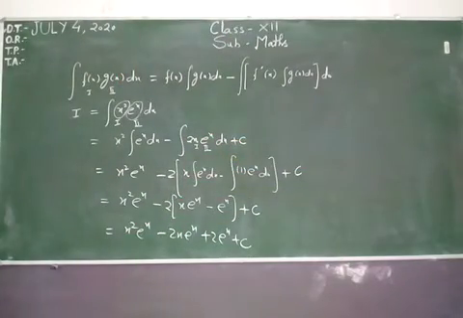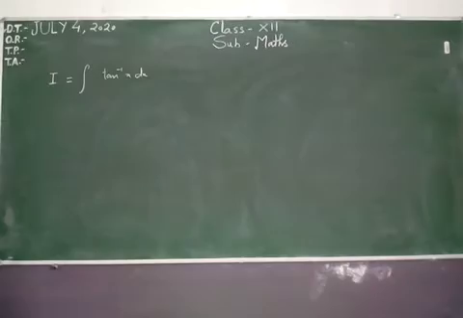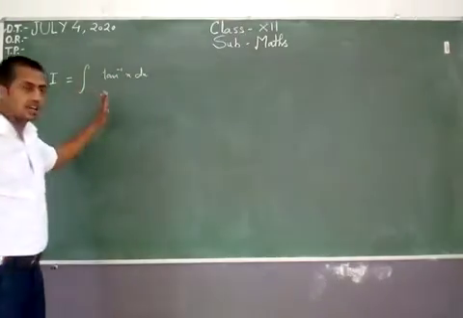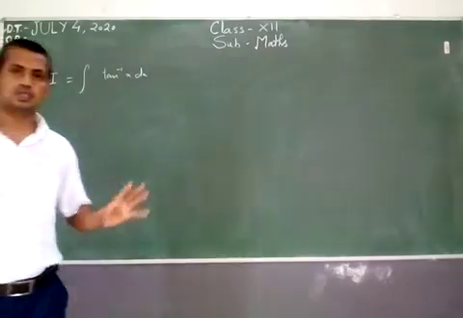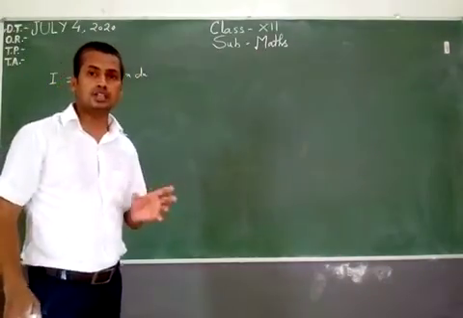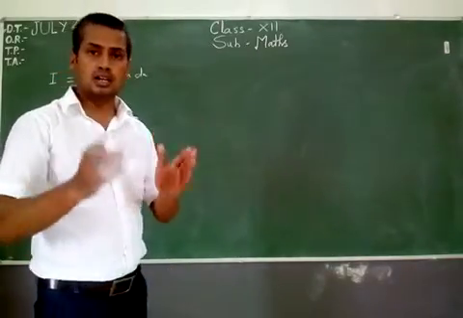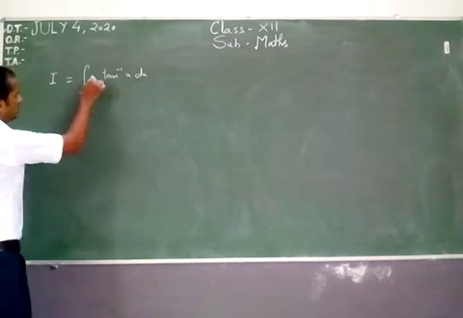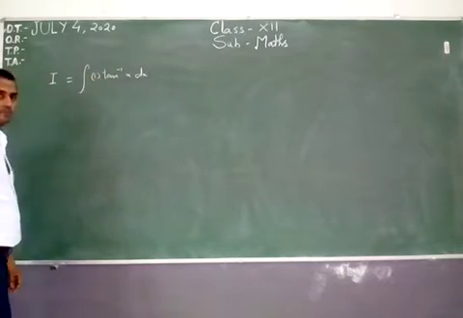Now we will discuss one more example. Next, we have only tan inverse x, but we don't have a standard integral of tan inverse x. But we know that we can apply here the integration of a function in multiplication. We can multiply by 1.